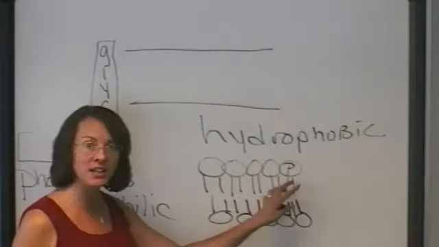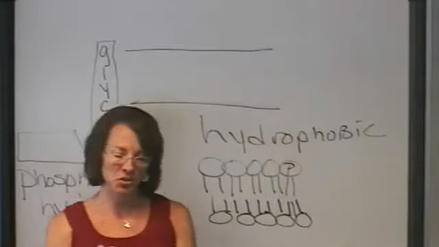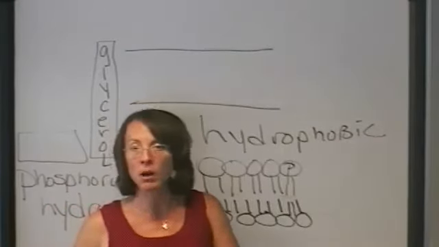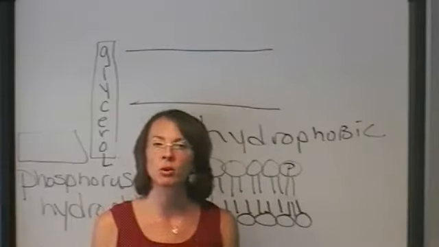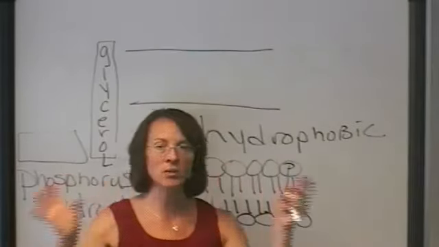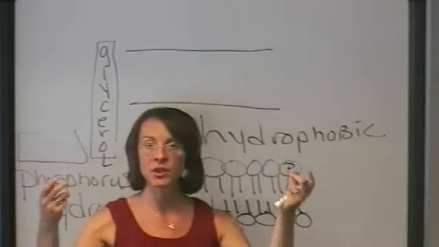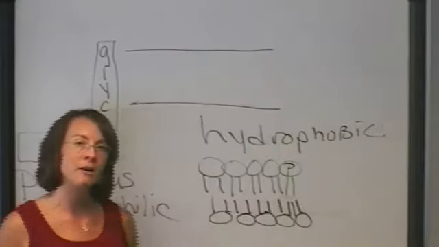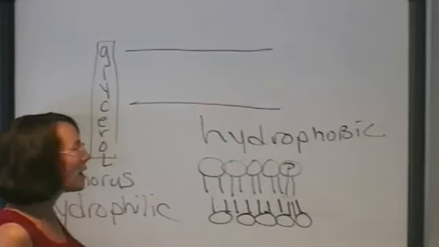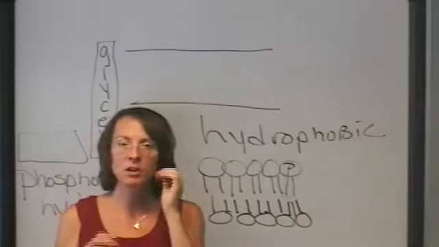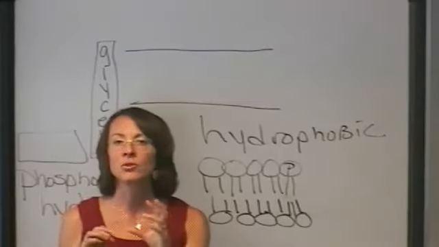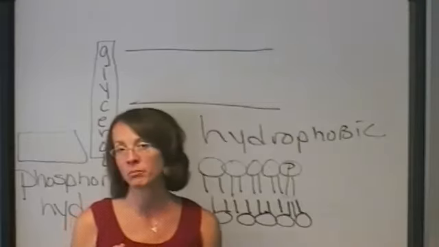And the fat on the inside will help to determine what can come in and what can go out. So it helps to form what's called a semi-permeable membrane around the whole cell. Phospholipids are going to create cell membranes.